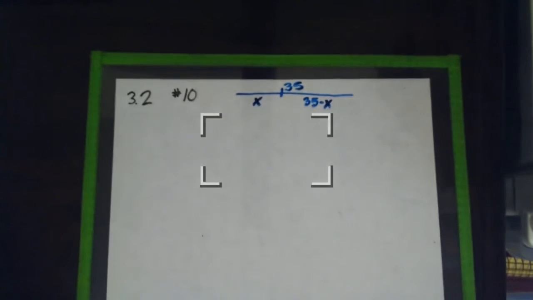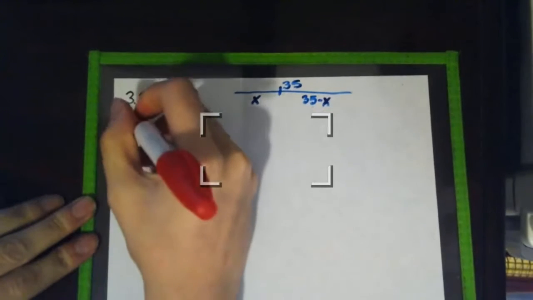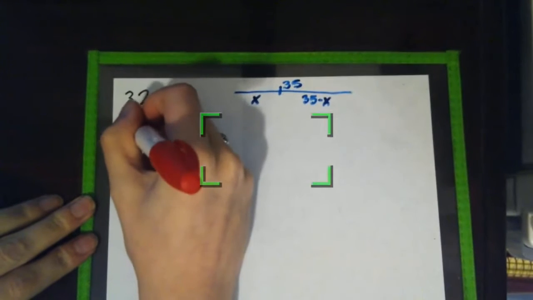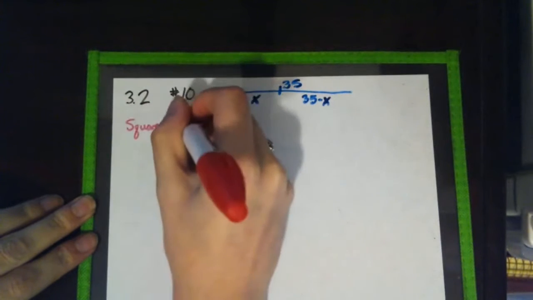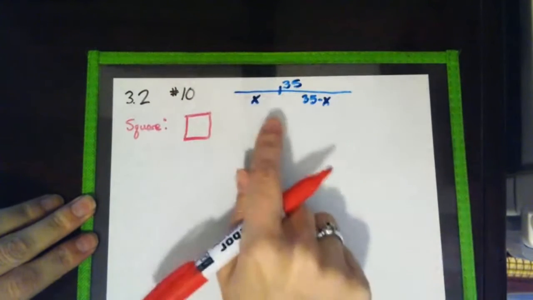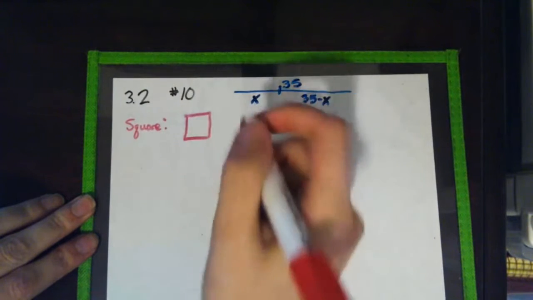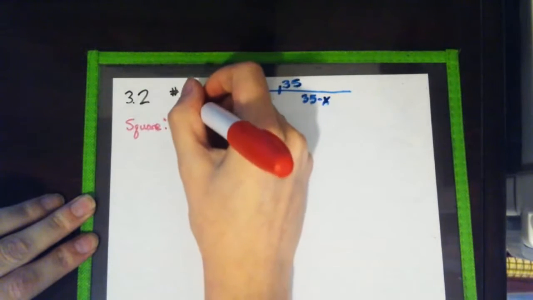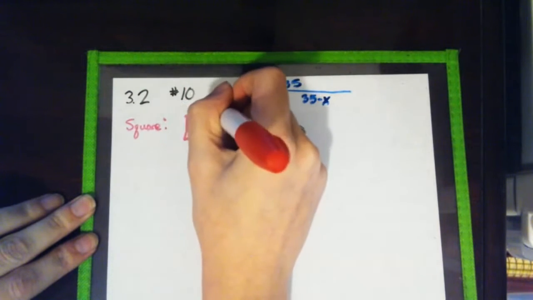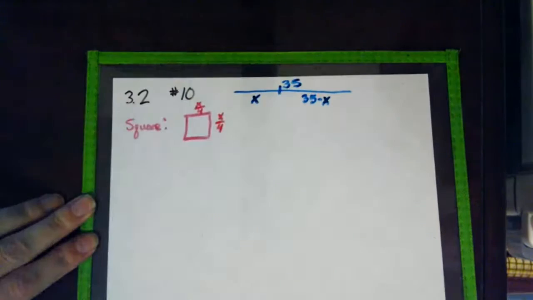Now when we shape this piece that's X long into a square, since we are taking the X length and dividing it into 4 sections, each side is going to be X over 4 centimeters long.